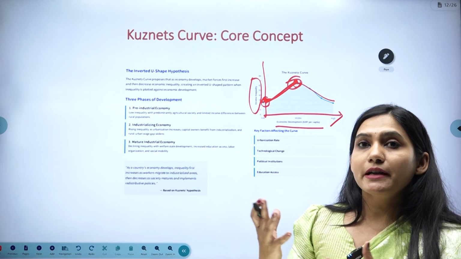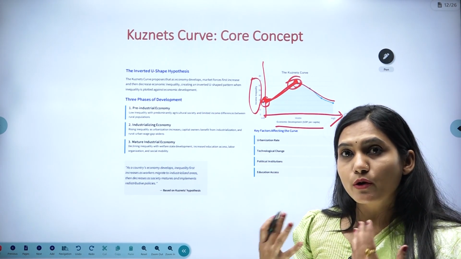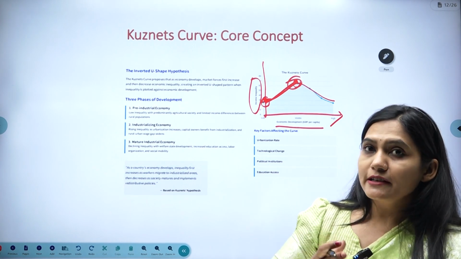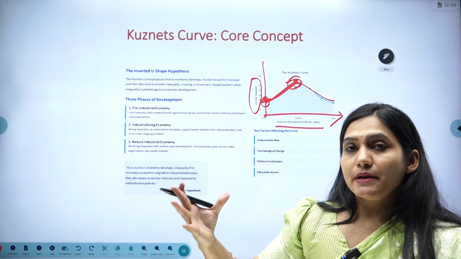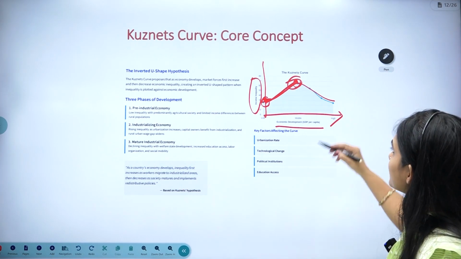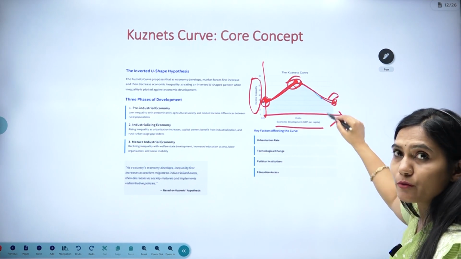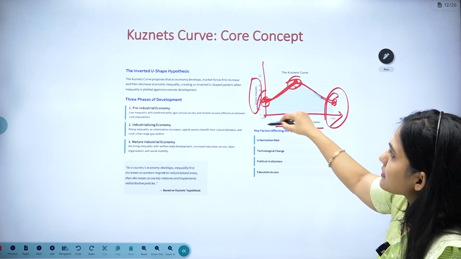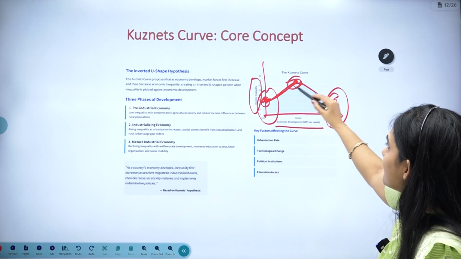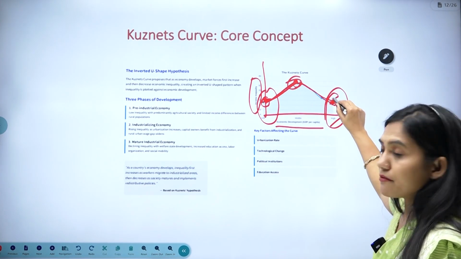But since the government gave them a helping hand, people started having more opportunities for growth. And then gradually income inequality started decreasing. So you can see here, by this phase, no doubt there is more economic development as compared to this phase, but still there is lesser economic inequality here.